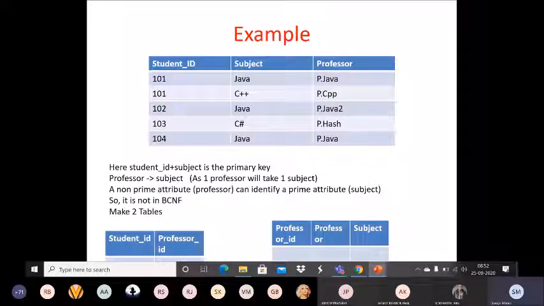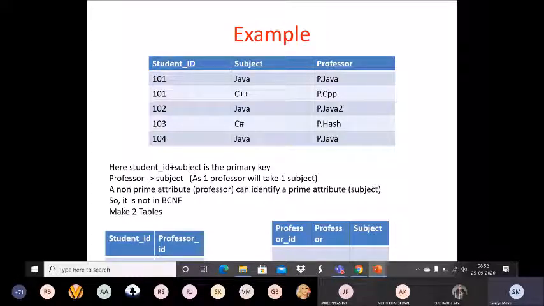Each and every time I am getting a noise, so somebody is unmuting himself or herself. No, okay. So here a non-prime attribute, that is professor, can identify part of a prime attribute, that is subject. So it is not in BCNF.